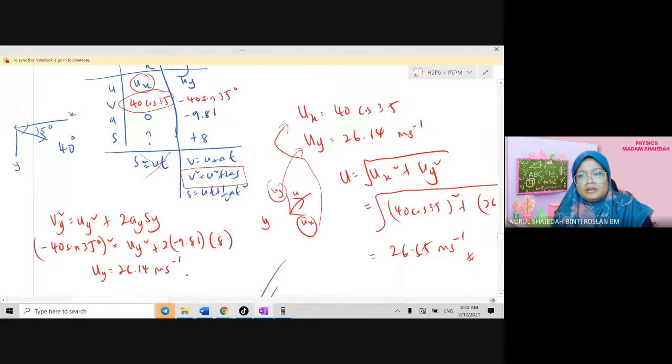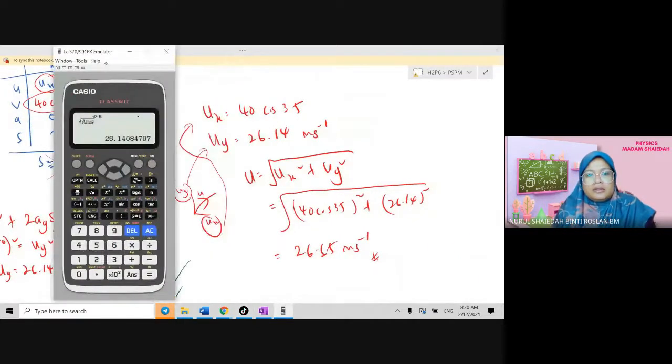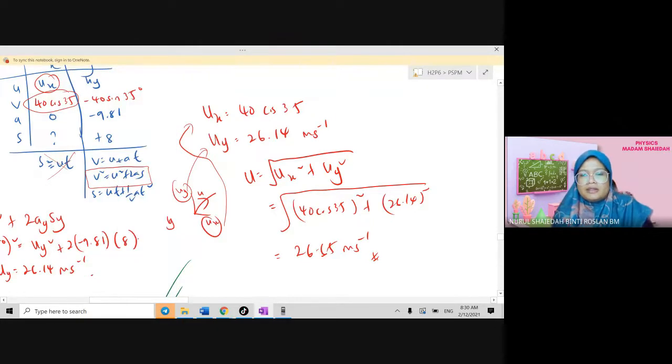This one I squared. I get the answer back. So plus dengan 40 times cos 35 untuk bracket 2 squared. The whole thing ni kena squared. Okay. Square root the answer. So I get yes 41.92. So salah tekan. Inilah 41.92.